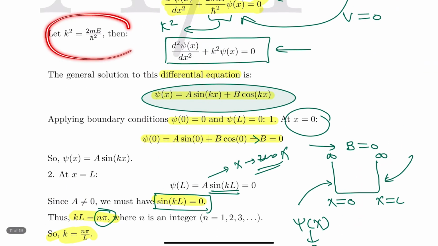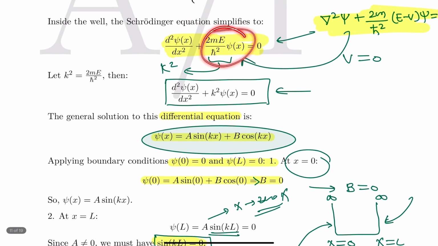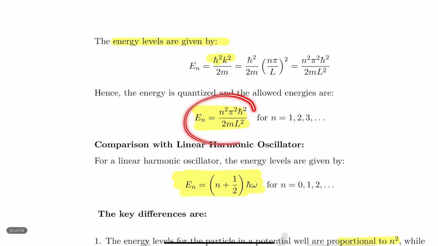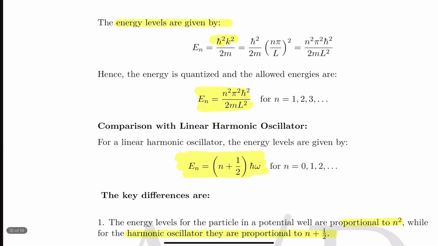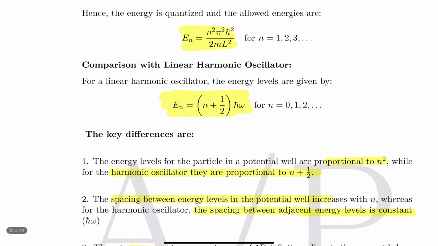And look, we have used this particular form of k, which we assumed here, and this is what led us to this energy form. So this is simple class 10th level mathematical manipulation.